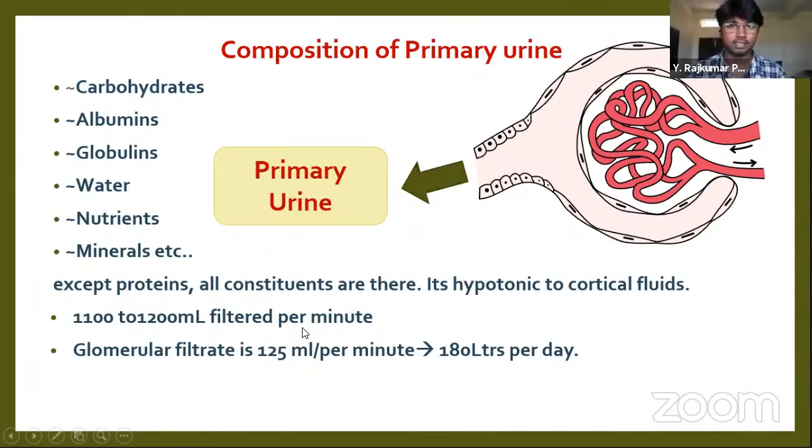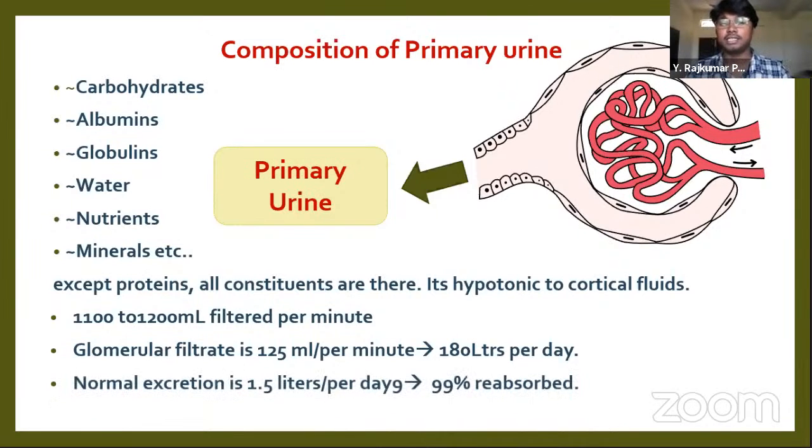So this is the fastness of the glomerulus. That means all the nephrons, there are millions of nephrons all together, can make 1.2 liters of primary urine per minute. Glomerular filtrate, you can see, is 125 ml per minute, and it is filtering 180 liters per day.